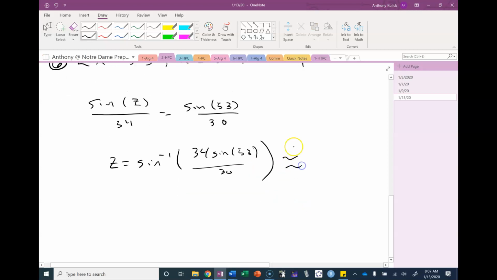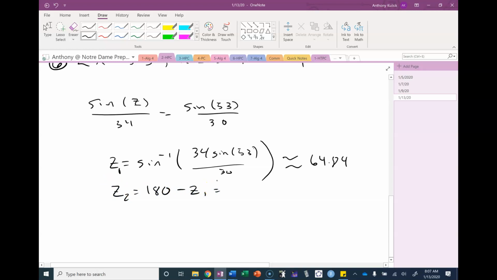And when I type this into my calculator, I get 64.84. So that's Z1.